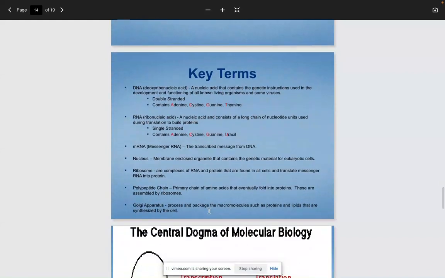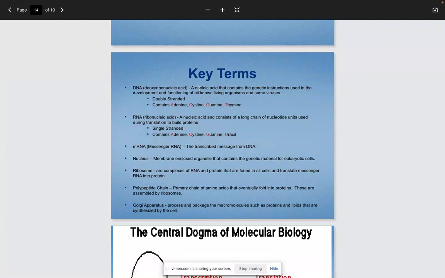So here we'll go over some key terms before we get into it. This is DNA or deoxyribonucleic acid. Like we previously said, this was double stranded, consisting of adenine, cytosine, guanine, and thymine, right?